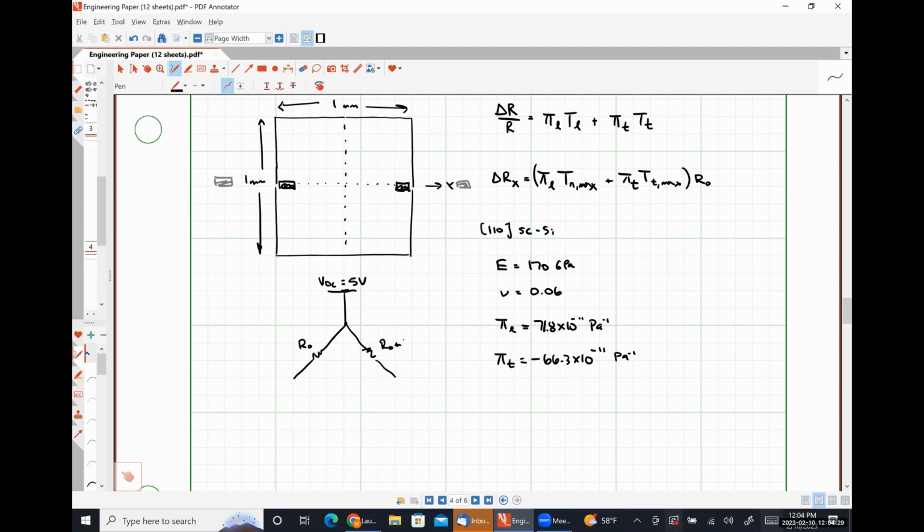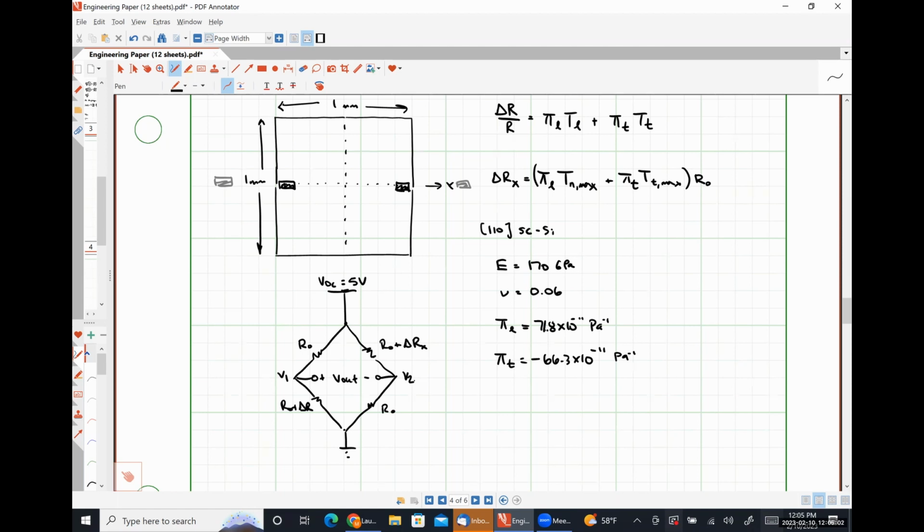Over here, we're going to have R0 plus this delta Rx that we're going to figure out in a moment. Here's an R0 down here. Here's an R0 plus delta R here. There's our ground. Here's the polarity of our output voltage that we're going to be measuring. So we could call this node B1 and this node B2, right?